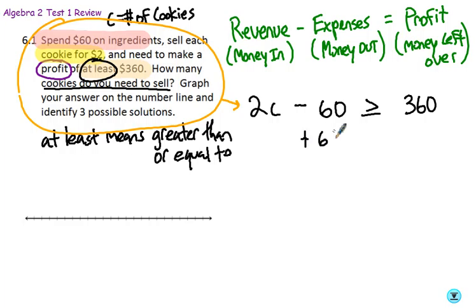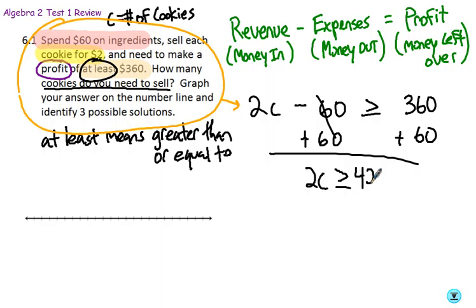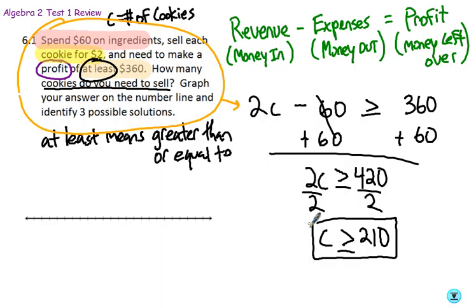Let's take out the $60 that we spend on expenses, and then it looks like we want the number of cookies to be greater than or equal to 210 cookies, right? And again, it's greater than or equal to, because if we sell more than 210, great, that's more money in our pocket, so we're happy.